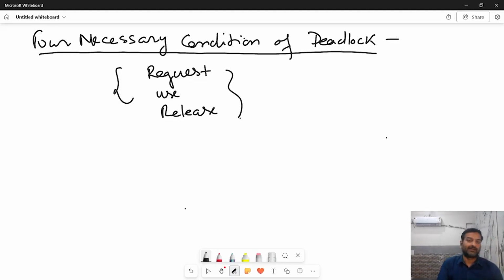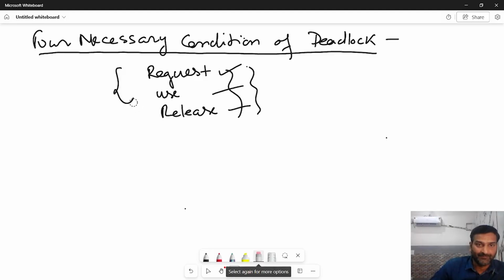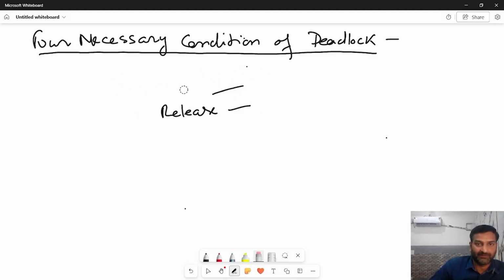So whenever a process needs a resource, first it requests, uses, and releases. A process always proceeds in the same sequence: it requests a resource, it uses it, then it releases. This is the way a process behaves whenever it needs a resource.